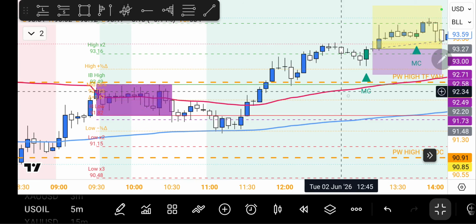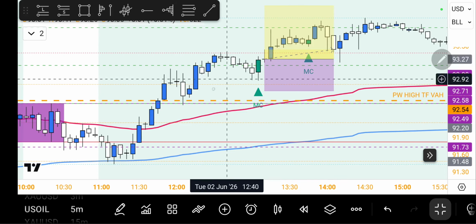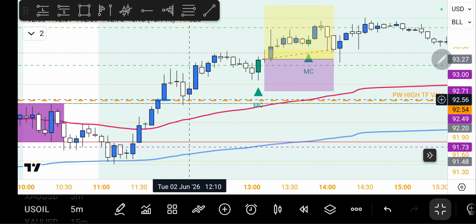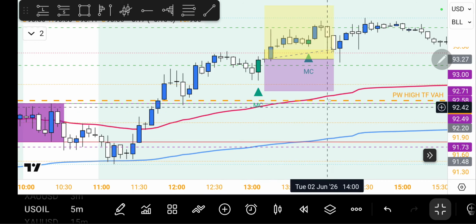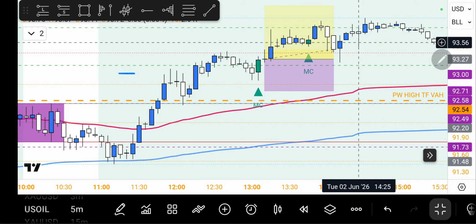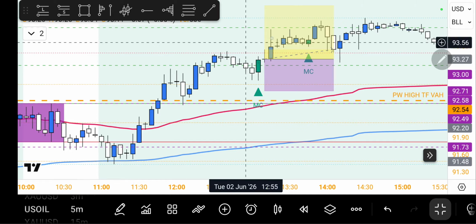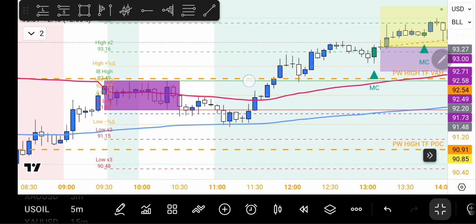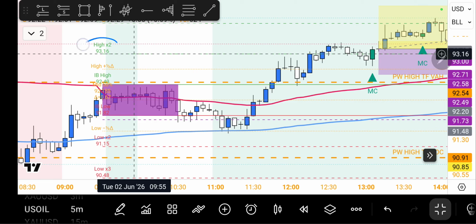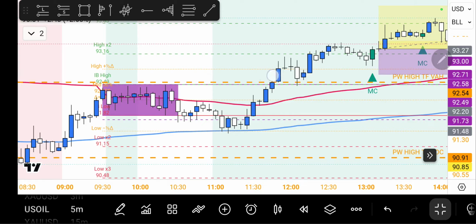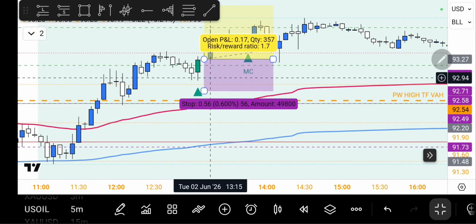So now you can see we had the break here on this candle, but I didn't enter on that candle. So what I waited for was to see if I get a reaction on this line. You can see there's a line, and that line is the I2. So I'm always looking at reactions on these levels, and here I got one.